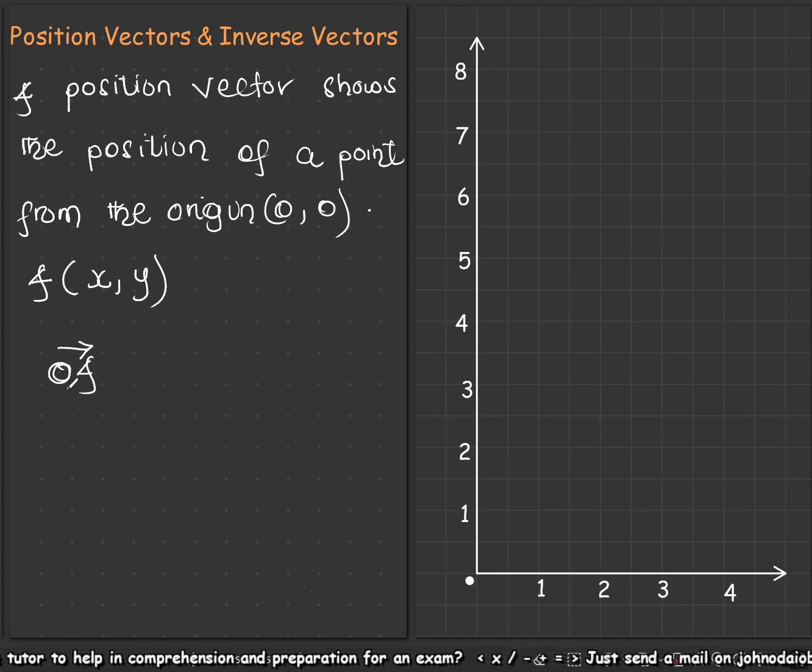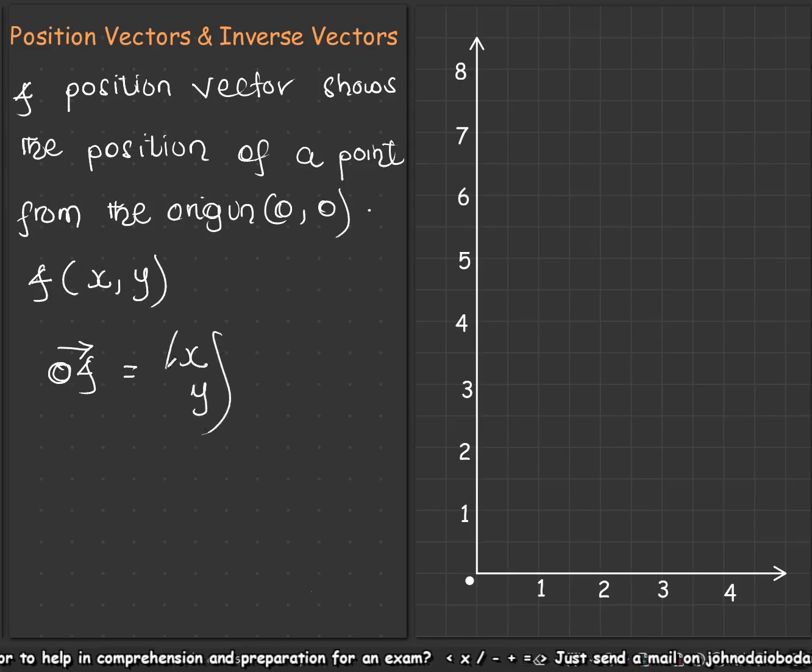The O here represents the origin, and its coordinate is going to be x, y. So anytime you see a vector written as this, O and then the vector name coming, we mean the position vector. That is how far the vector is from the origin.